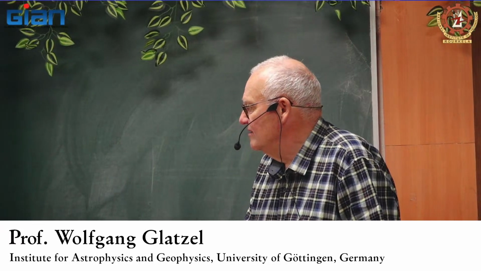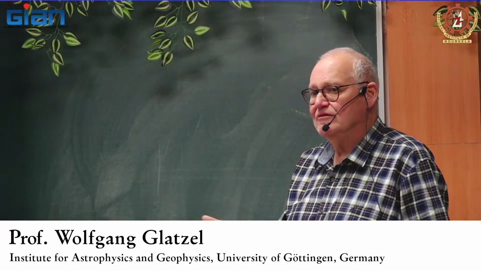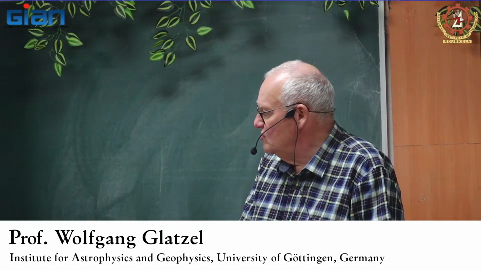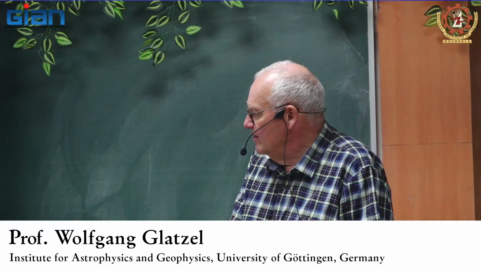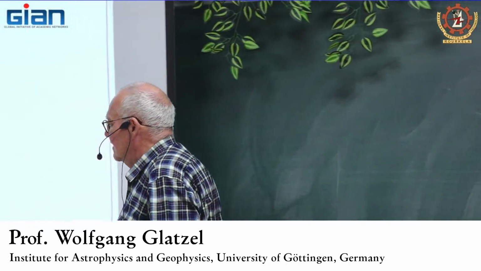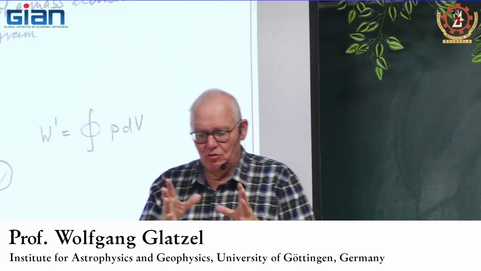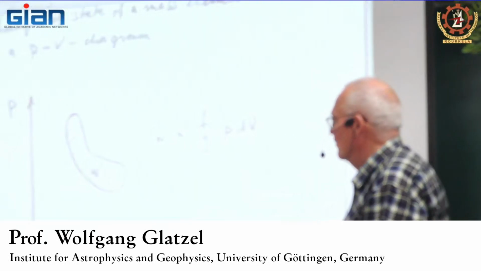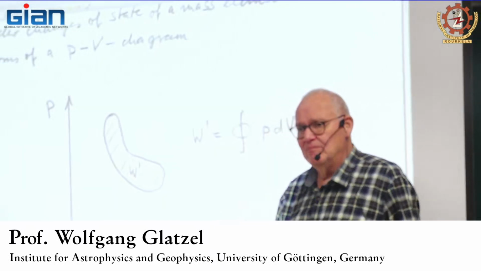So we are considering the differential work integral, and this differential work integral considers a particular mass element and its change of pressure and volume during oscillation or during the perturbation. This is a particular mass element within our star which we follow in the course of time.